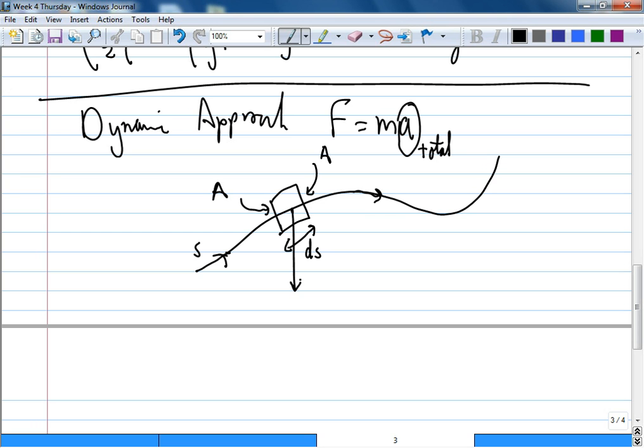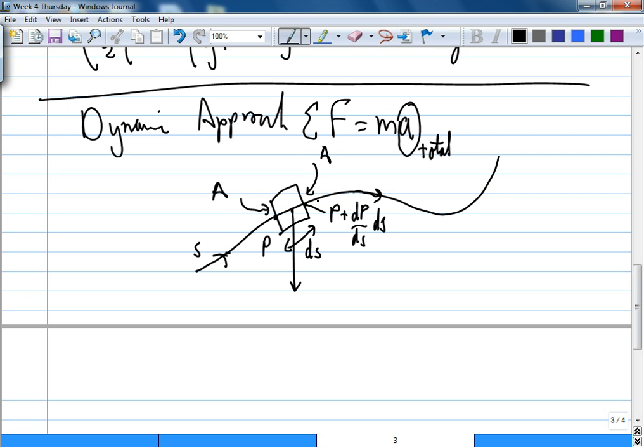So some of the forces. Here the pressure is P. Here the pressure is P plus dP on ds, because the pressure might be varying along the streamline. So this is the pressure at point s, and then this is the pressure here.